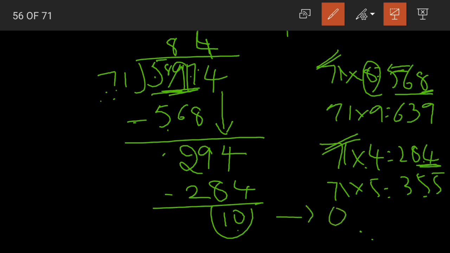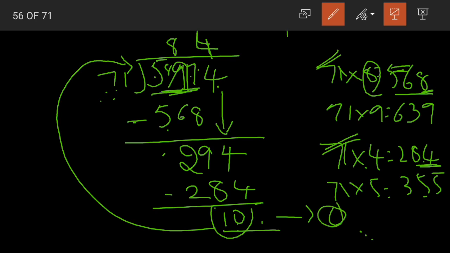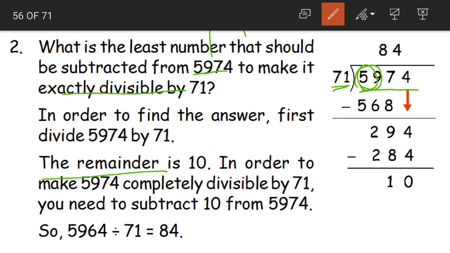So for that, what we need to do is subtract this remainder from the dividend. Yes, if the dividend was 10 less, then the remainder would have been 0. So which number is to be subtracted from 5974? 10 is to be subtracted. The remainder is 10.